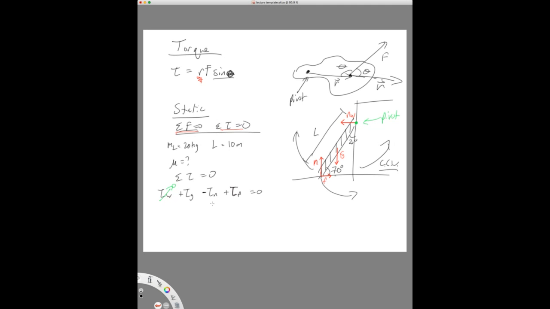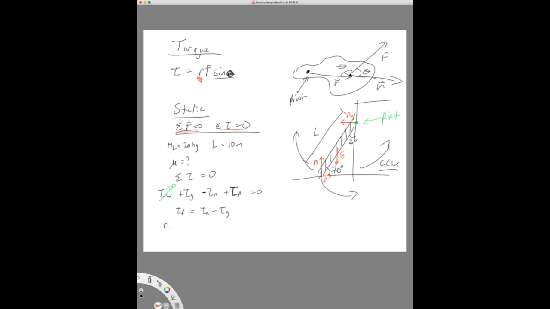So what now? Well, now I'm looking for mu, and I know that's going to be inside of the friction. So I'm going to get the torque friction by itself by just moving things around. Torque friction is equal to torque normal minus torque G. And then once I've done that, I write down the formula for torque in each case.